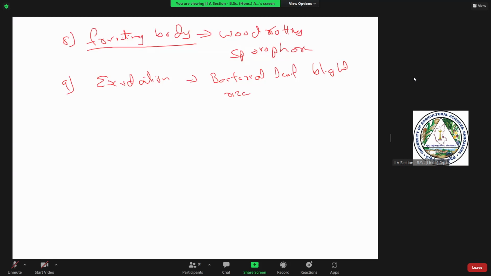And it is also very common in the case of the fire blight of apple, where you can see some kind of exudation coming out. So this is a common phenomenon of some of the diseases which exhibit exudations, which often come from the infected portions.